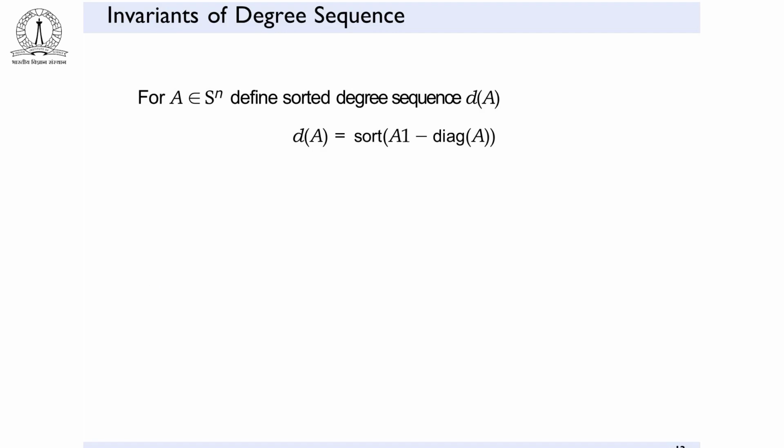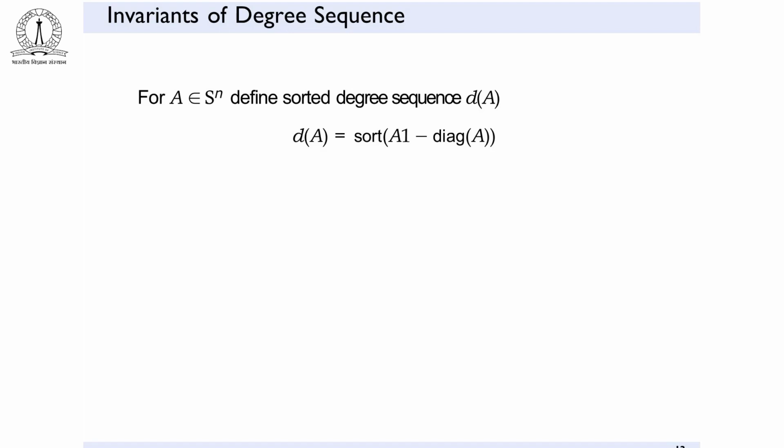So let's do some more interesting ones. If you fix any A, consider the following function of A. We're calling this the sorted degree sequence. By that I mean take A, multiply by the all ones vector, and subtract off the diagonal if you want to.